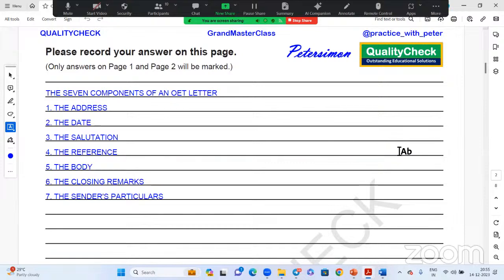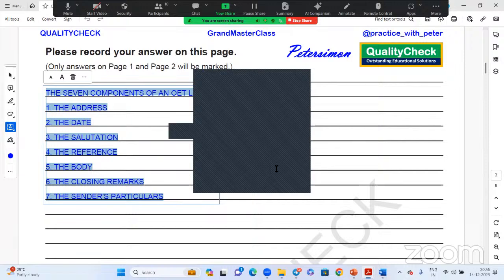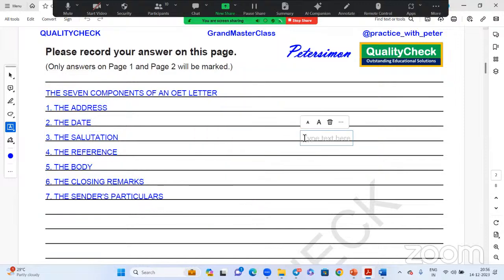Okay. So note down this. Note down these points, please. So these are the 7 components.